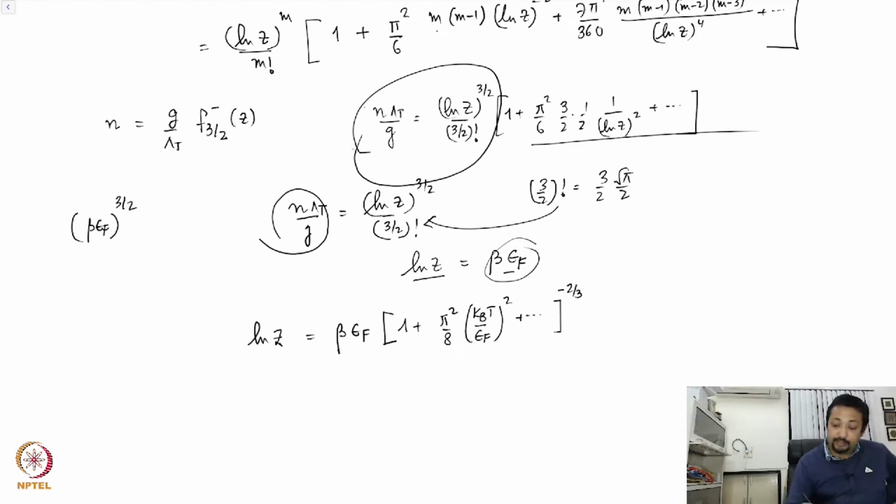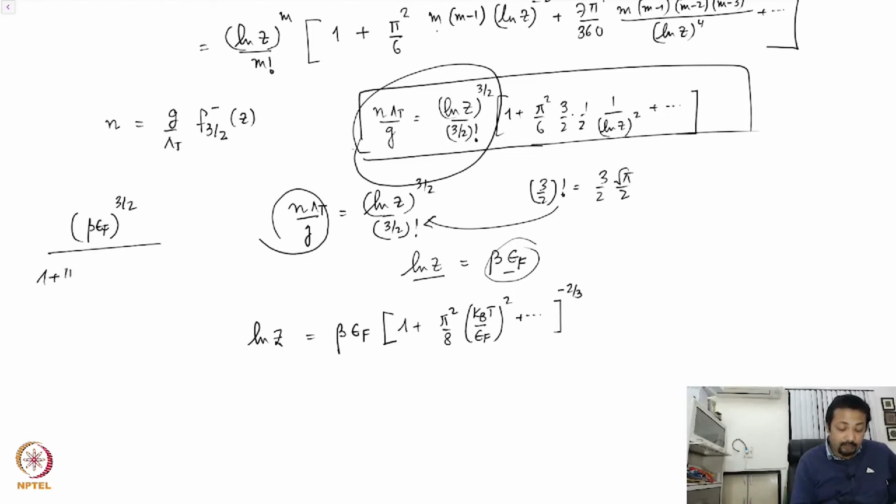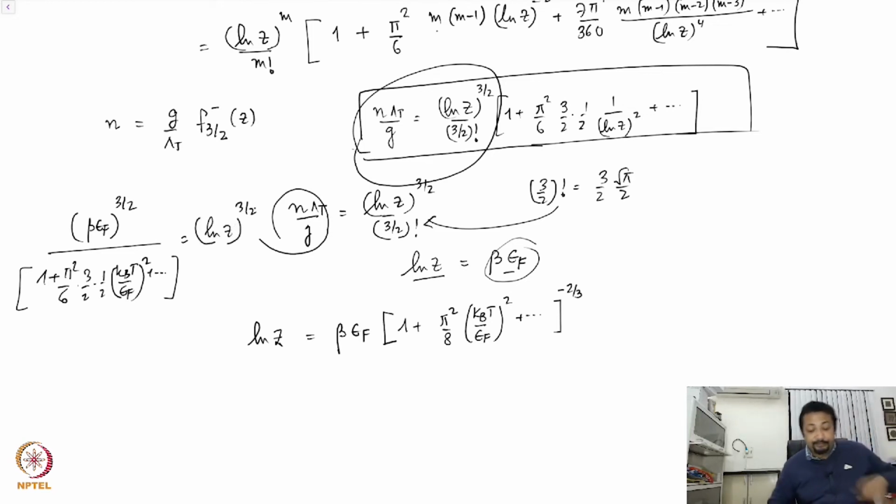If I look at this whole equation, I take this whole equation divided by 1 plus pi squared over 6 times 3/2 times 1/2 times 1 over ln z whole squared. But ln z is equal to beta epsilon_F. I am very close to 0 temperature, so here I am going to write beta epsilon_F, 1 by beta epsilon_F whole squared, which is nothing but k_B T over epsilon_F whole squared plus higher order terms, and this is ln z raised to the power 3/2, right?